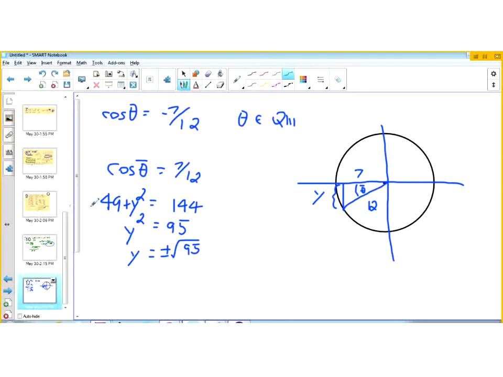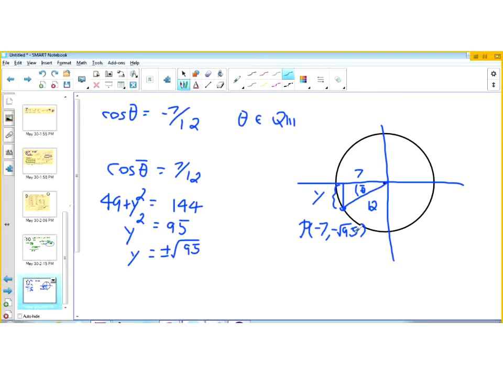Since we're in quadrant 3, x and y both have to be negative. So the coordinates of this point would be x equals minus 7, and y would have to be negative as well, so negative the square root of 95.